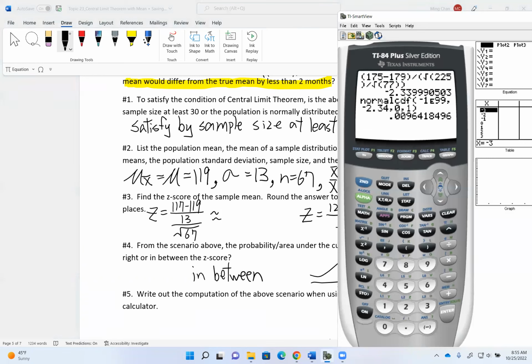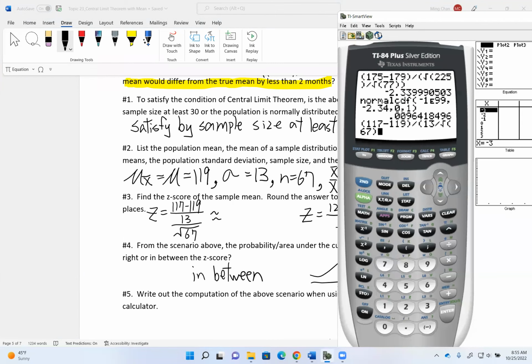I put the top in parentheses, 117 minus 119, divided by the whole denominator, 13 divided by the square root of 67.